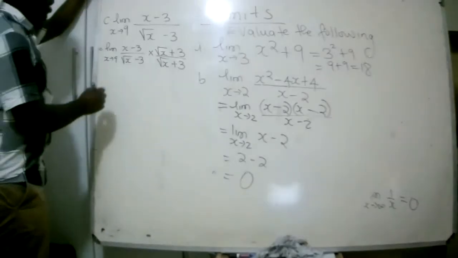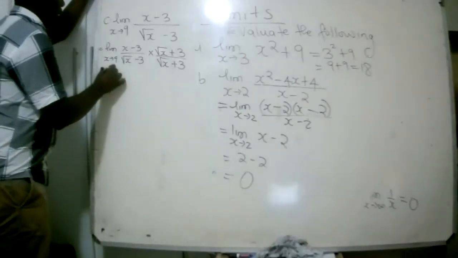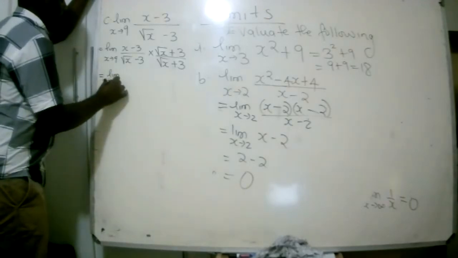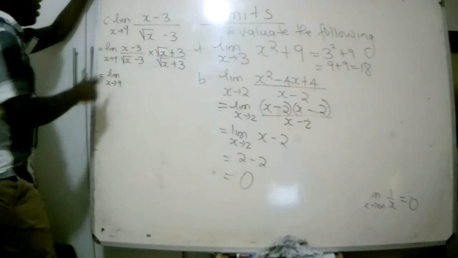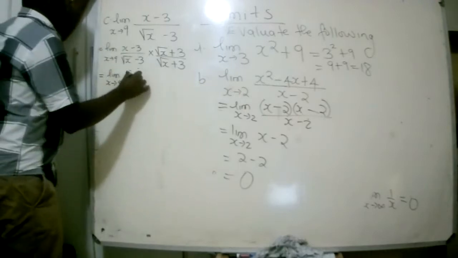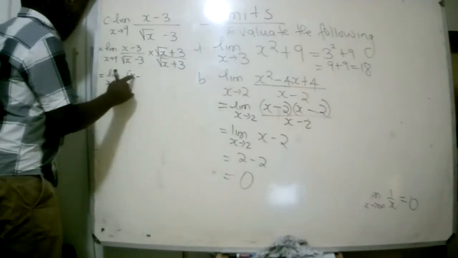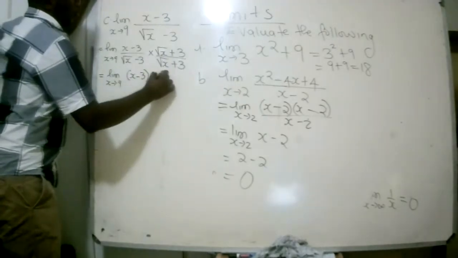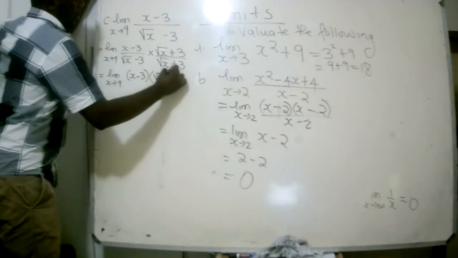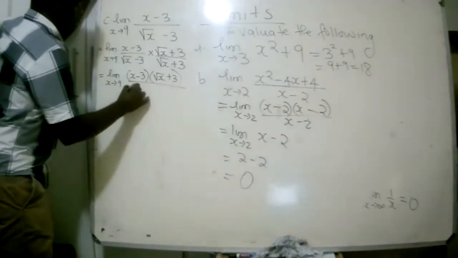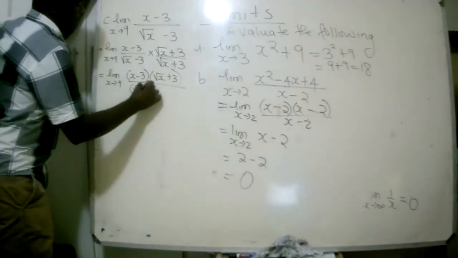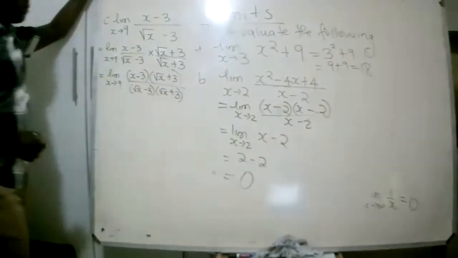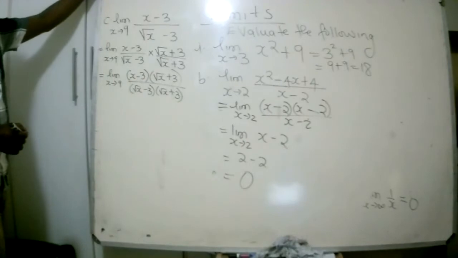After having a special one, we can then manipulate this, and it's going to give us the limit as x approaches 9, and then on the numerator we're going to have x minus 3 times root of x plus 3, all divided by root of x minus 3 times root of x plus 3. Are we all together up to that stage?